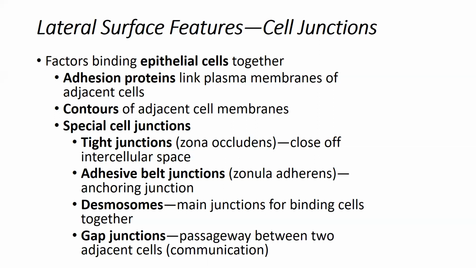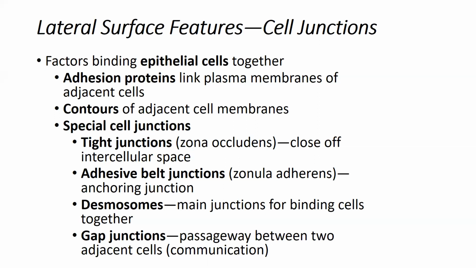And that's your zona occludens, also called your tight junction. So this is preventing seeping or movement of any molecules in between, again, from the apex down to the basal surface of these cells. And this is going to be found way at the top of the lateral surface.